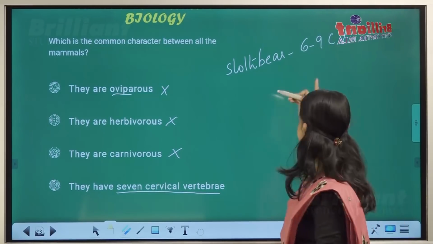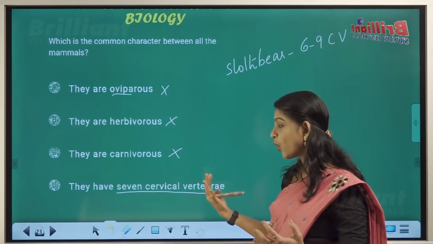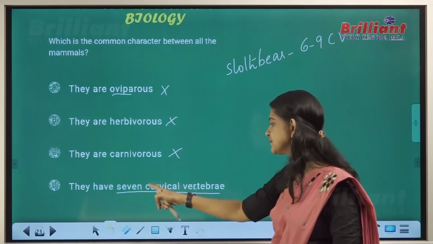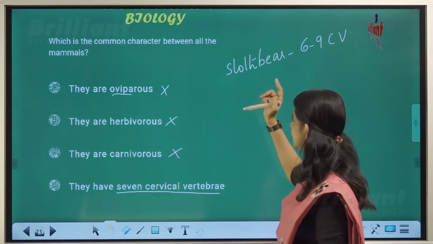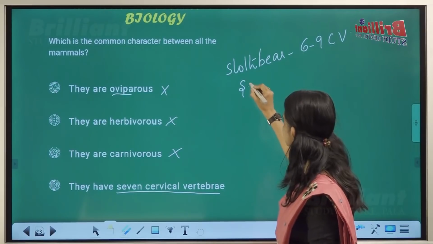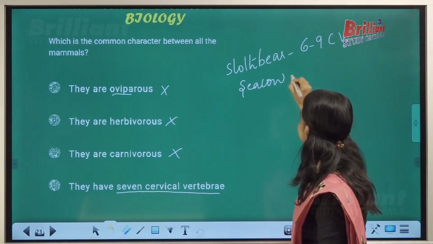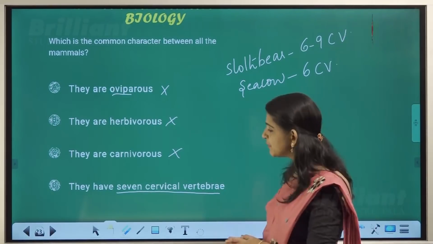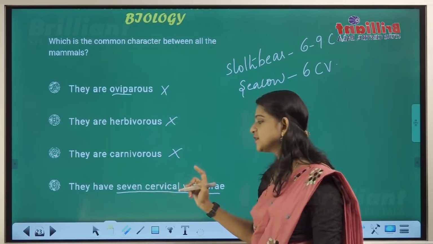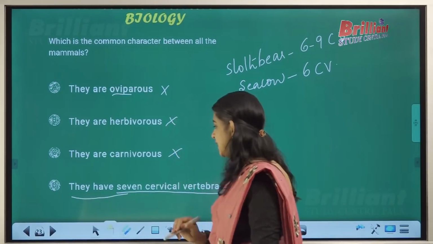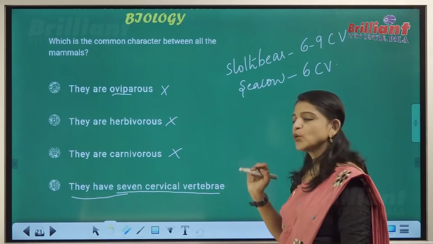So we cannot say all mammals, but most commonly all mammals have 7 cervical vertebrae. The next exception is sea cow. It has 6 cervical vertebrae. All other mammals have 7 cervical vertebrae. So from the given options, we select they have 7 cervical vertebrae.